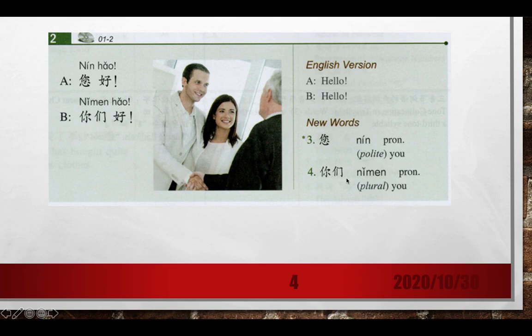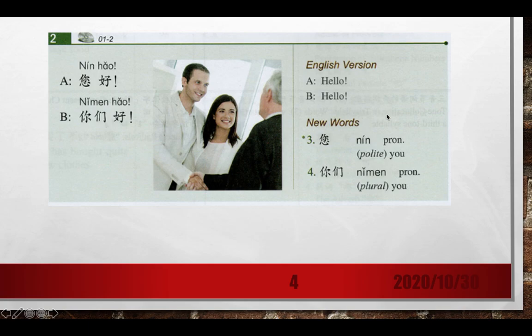We had the first one, 你, and the second without tone, so we read it slightly, 们. 你们 means plural you, more than one person. So to say hello to you all, 你们好.